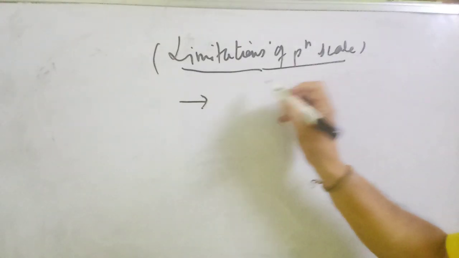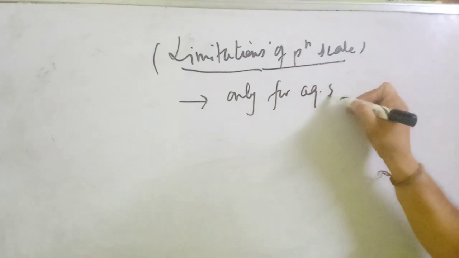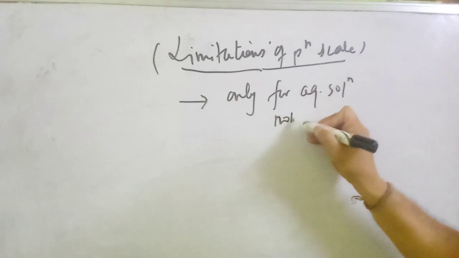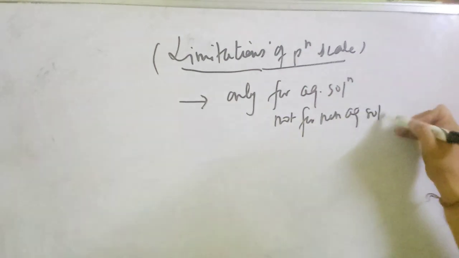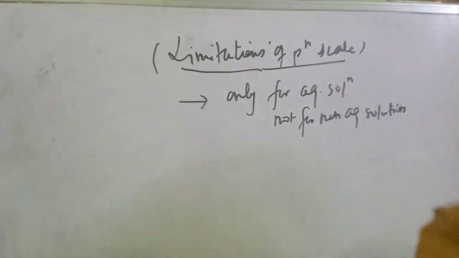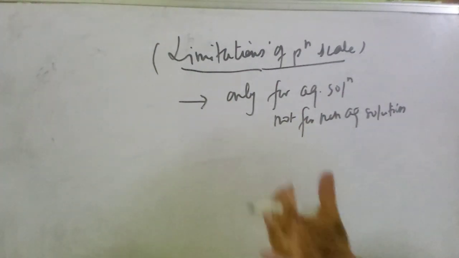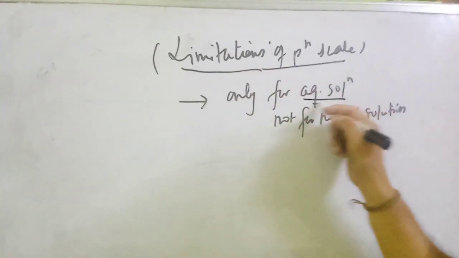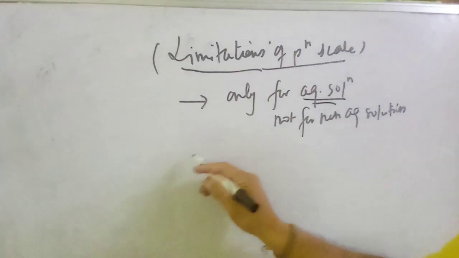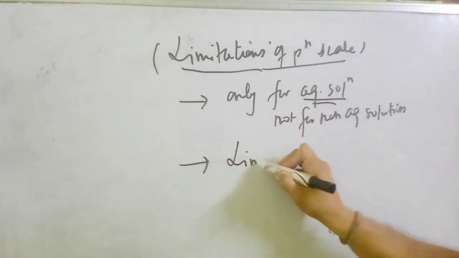This pH scale is only for aqueous solution, not for non-aqueous solution. For example, if you have prepared a solution in ammonia or a solution in sulfur dioxide or any other non-aqueous solvent, at that time the concept of pH will not work. So this concept is only for aqueous solution and not for non-aqueous solution. This is the limitation, and this is limited by the temperature.